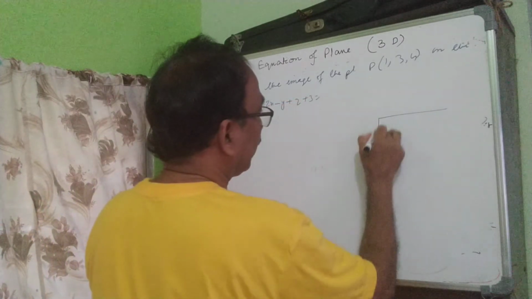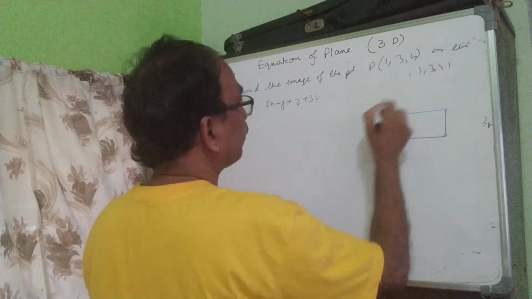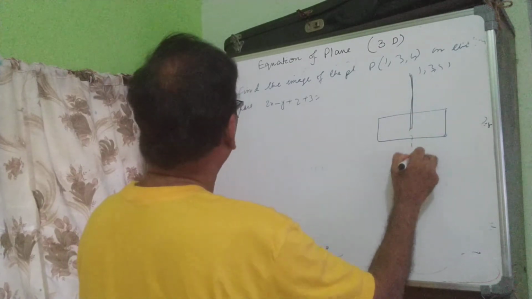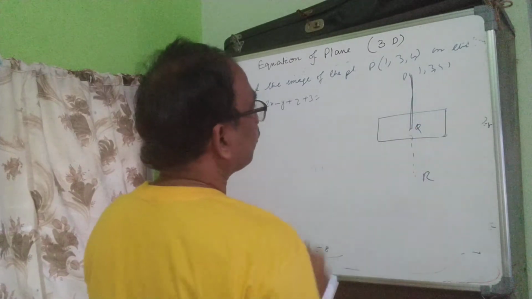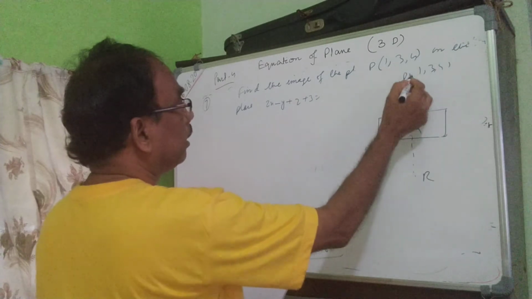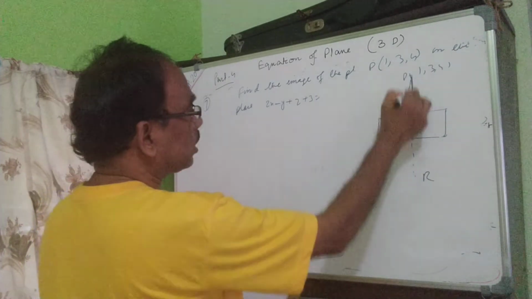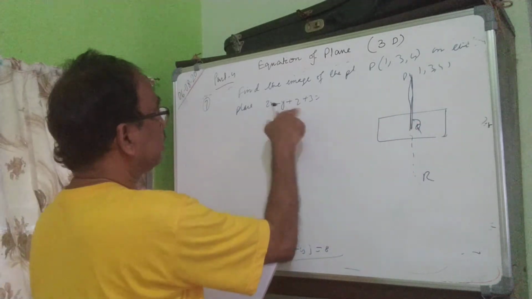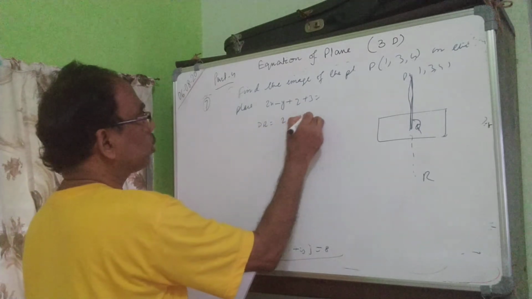Here the equation of the plane is in vector form, and this is the point (1, 3, 4), and you have to find the image of the point. Suppose this is P, this is Q, this is R. So we have to find the image, the equation of the line passing through this plane. The perpendicular direction ratios are 2, -1, 1.